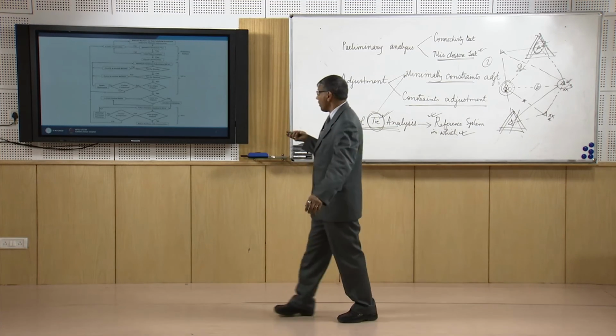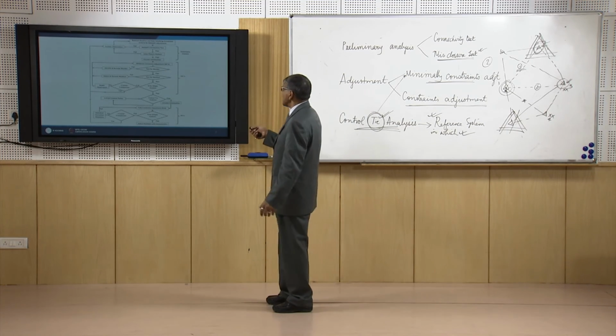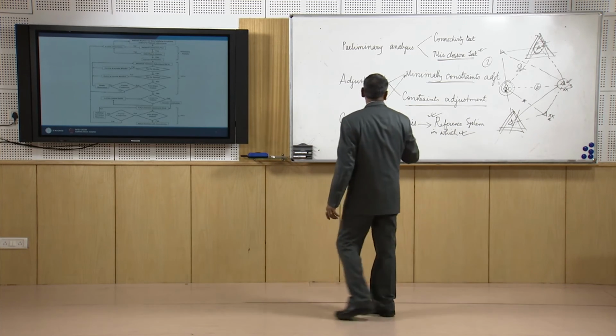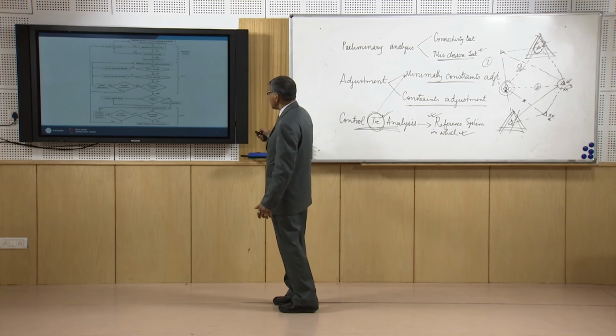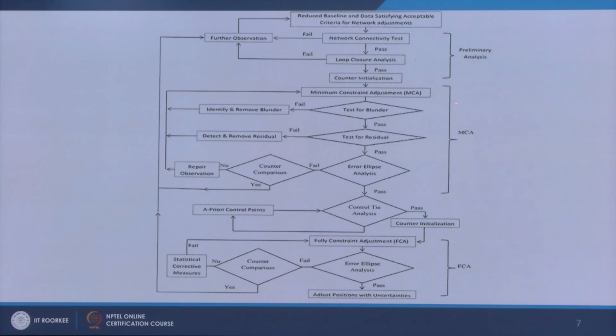Now whatever we have discussed till now has been given through this flow chart. Network analysis starts with the reduced baseline and data satisfying the acceptable criteria of network adjustment.